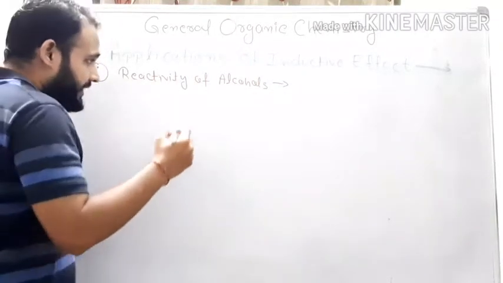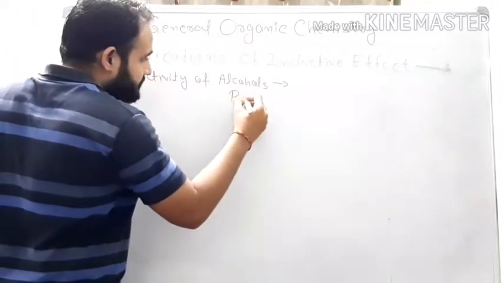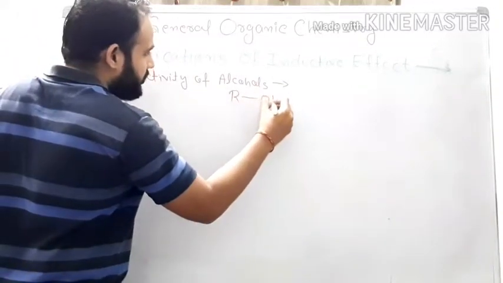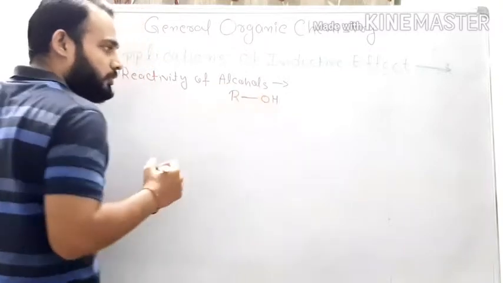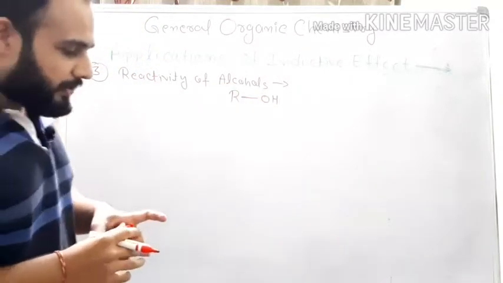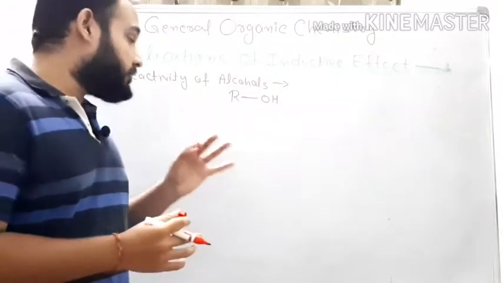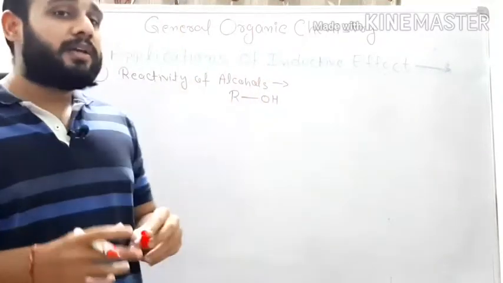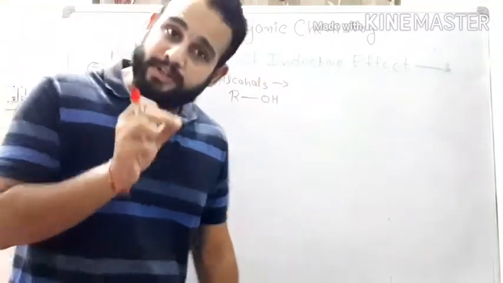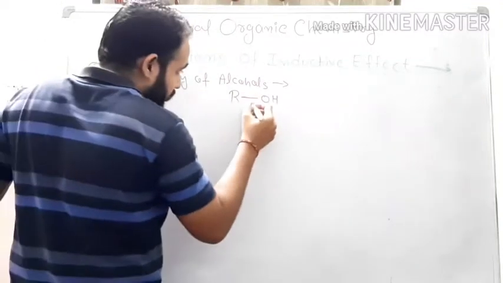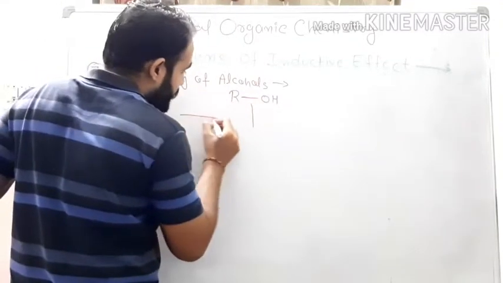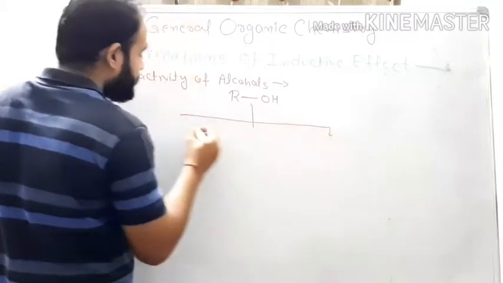So friends, we know that in alcohol the hydroxyl group binds with the alkyl group. First of all we talk about bond cleavage in alcohols. As you know, in alcohol there are two possibilities of bond cleavage.